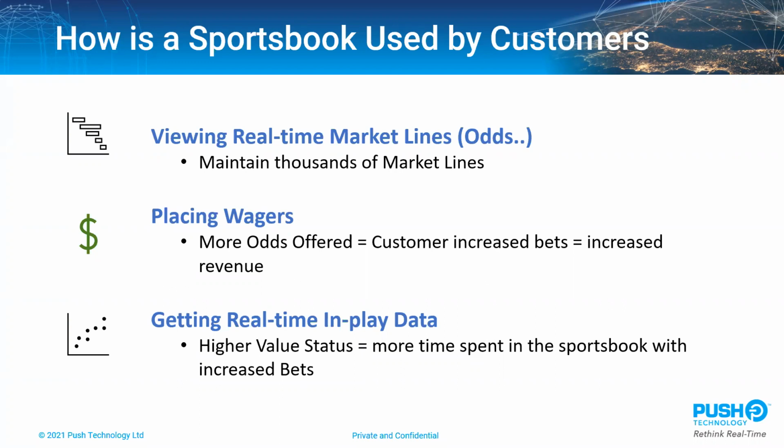And obviously, the downstream impact to that sportsbook is the increase in revenue, where we see sportsbooks could have thousands of different market lines where customers may place those wagers, and then getting real-time in-play data.